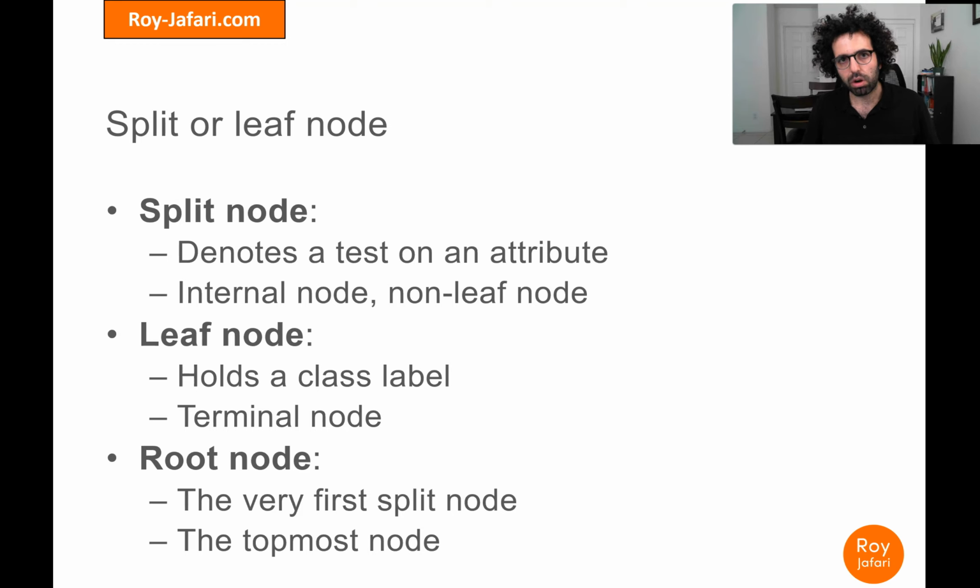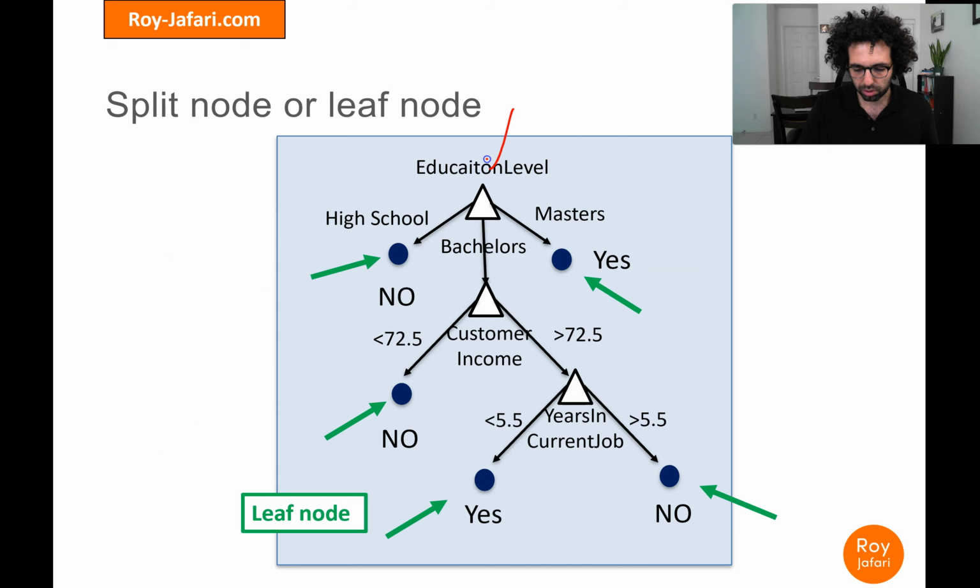And the leaf nodes say, okay, it's class label 1 or label 2, yes, no, 0, 1. This tells us what the class is going to be. And we've got one root node, which is the very first split node, which is this one. This is the root node.